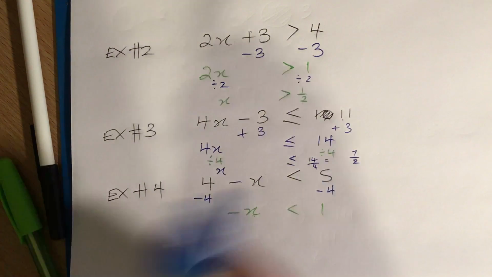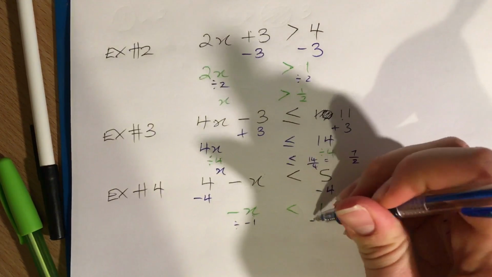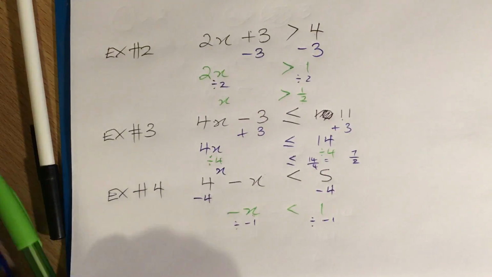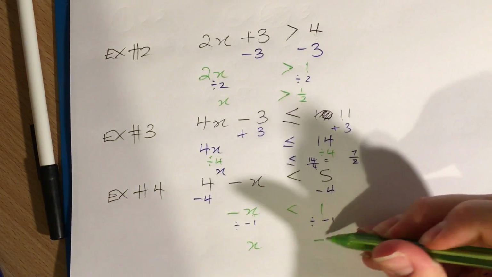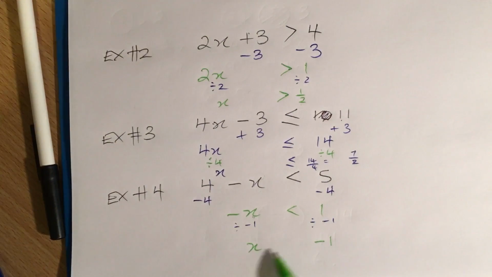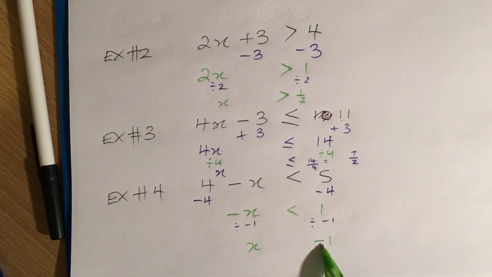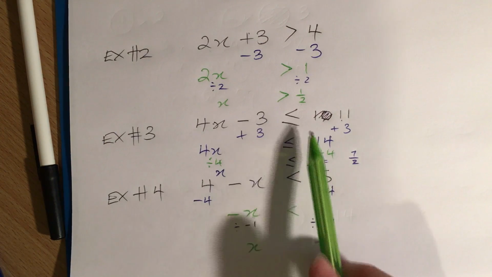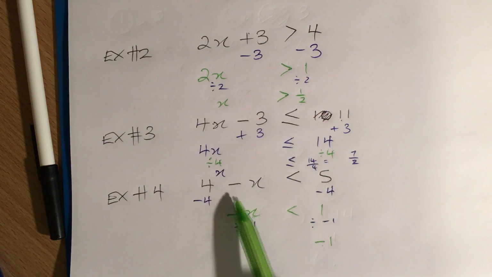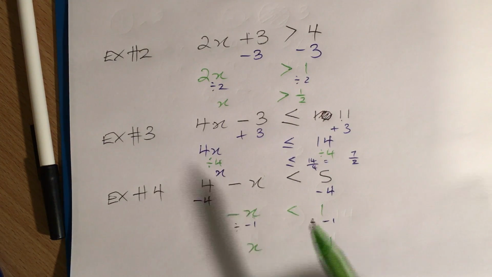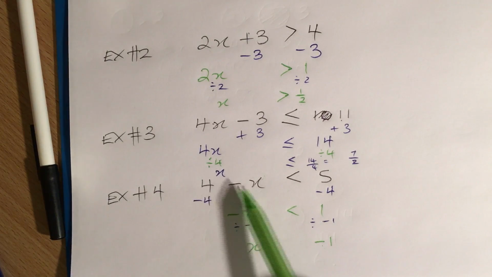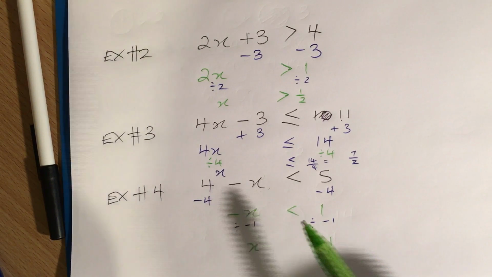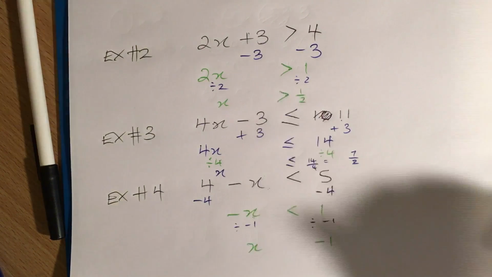What would be just regular old x? Would x have to be less than negative 1? Well, if it's less than negative 1, so we didn't change the signs at all. If x was negative 2, 4 minus minus 2 will make it 6, and 6 isn't less than 5.